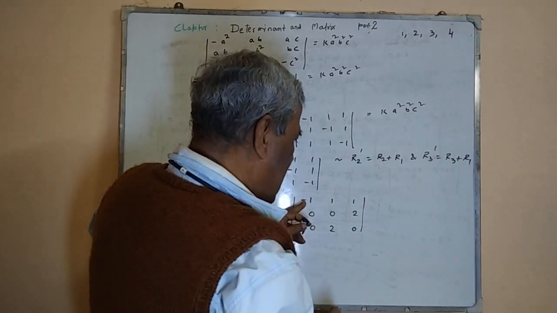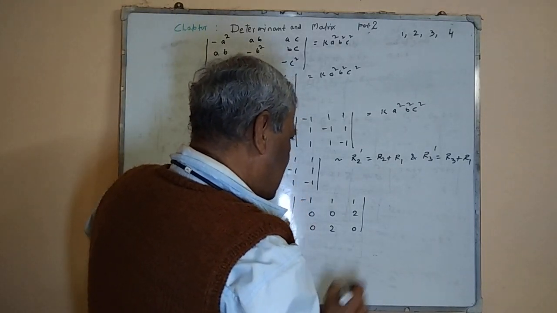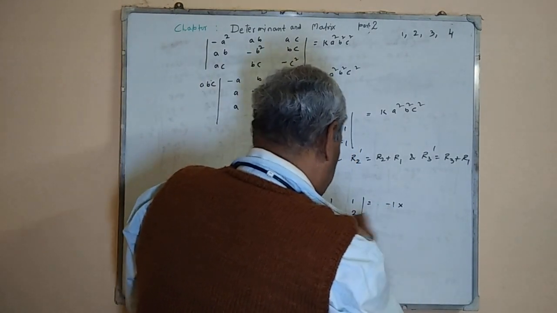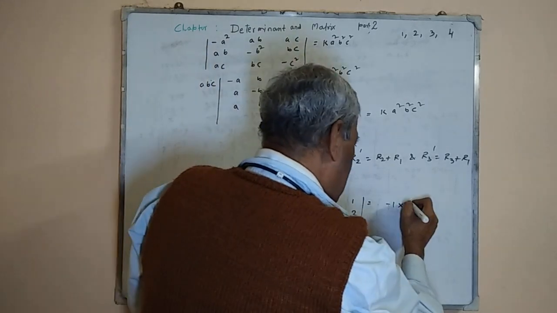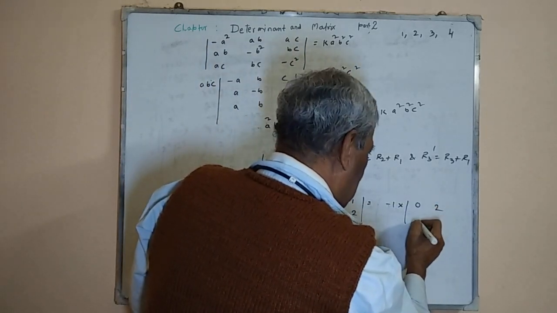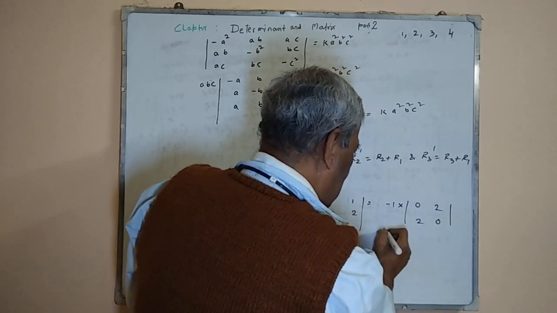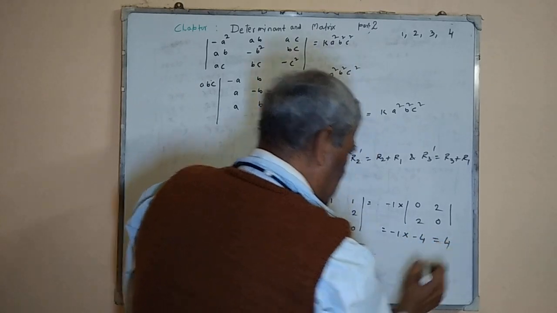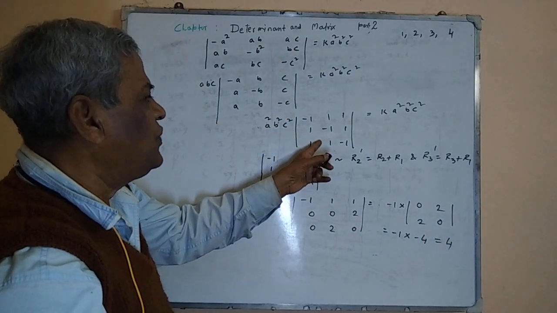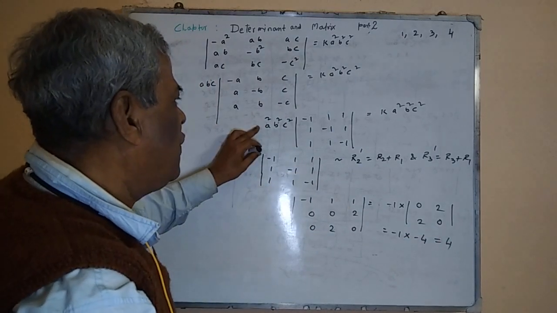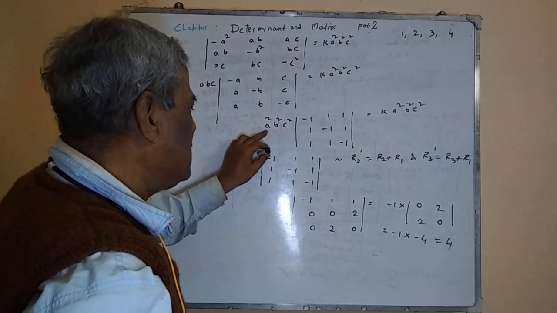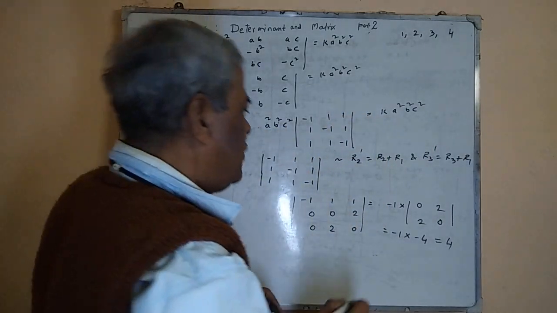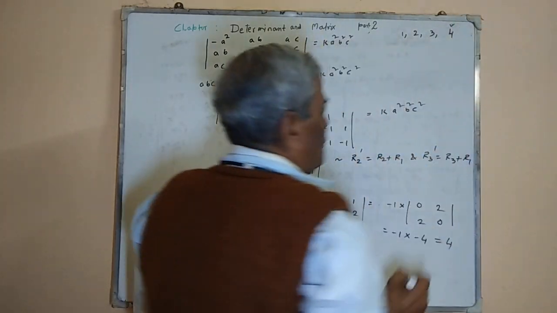So expanding about C1, this is equal to minus 1 into determinant 0 2, 2 0. So it is equal to minus 1 into minus 4 is equal to 4. So this determinant is 4. So I get 4 a square b square c square equal to K a square b square c square. Therefore, K is equal to 4. This one.